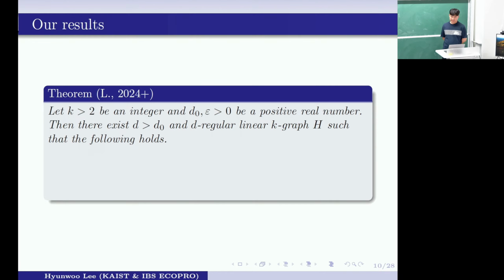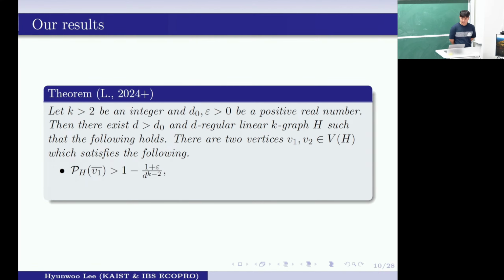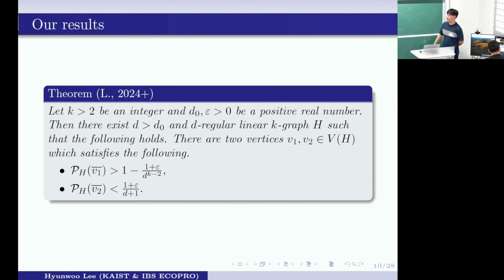Then there is a d and a d-regular linear k-uniform hypergraph H with two vertices v1 and v2 such that the first one, P(v1), is almost 1, very close to 1, so very big. And P(v2) is smaller than roughly 1 over d plus 1, so very close to 0. So two extremal cases. So this obviously disproves Kahn's conjecture.